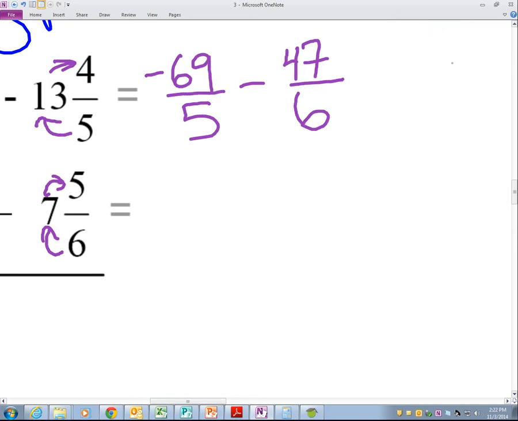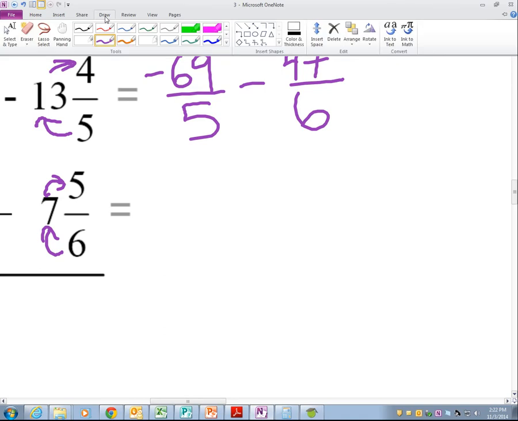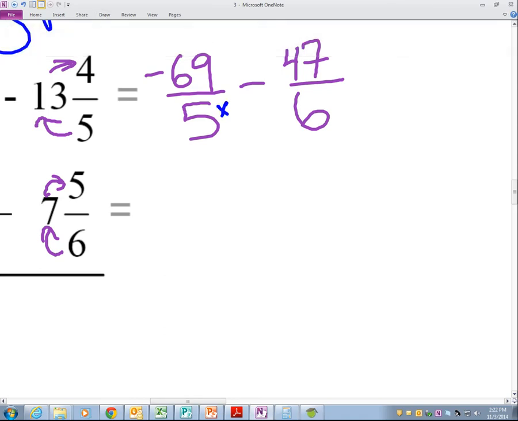Now the least common denominator for this one is going to be what? 30. So this has to be multiplied by 6, and this has to be multiplied by 5.